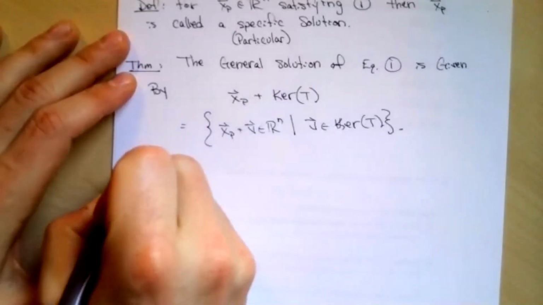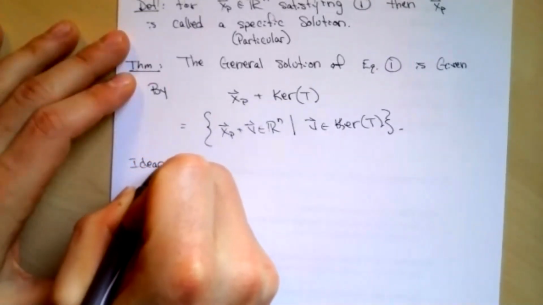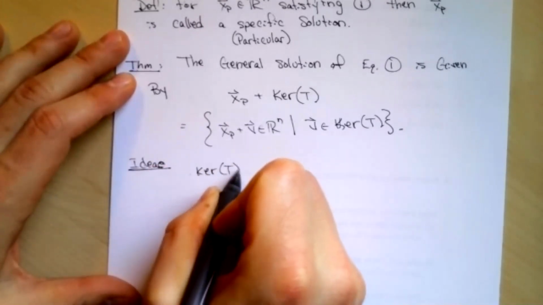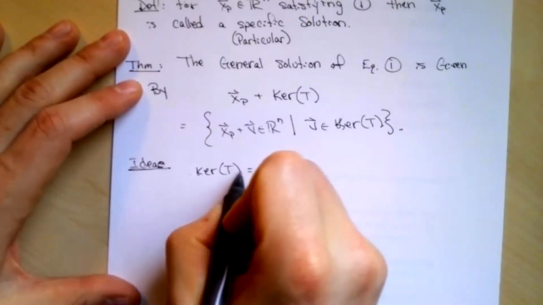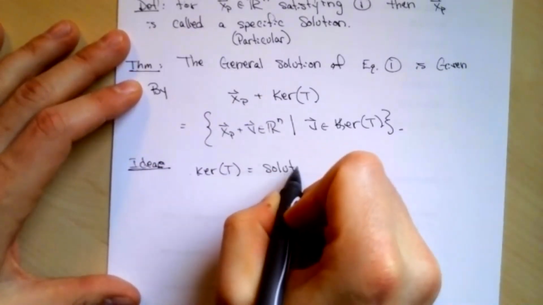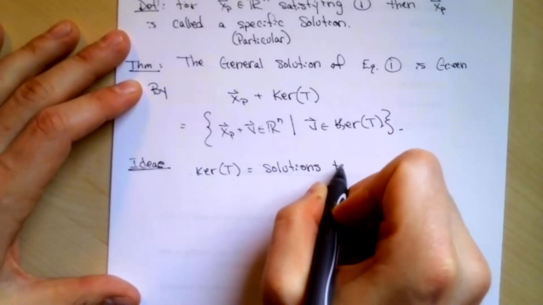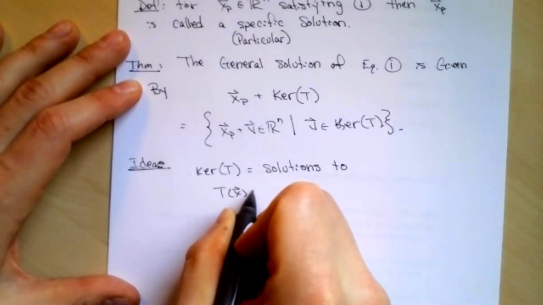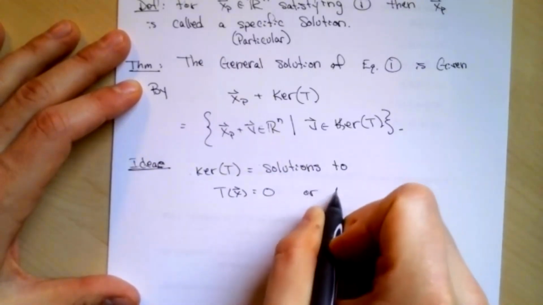So keep in mind that the kernel of T is really just the solutions to Tx equals 0. Or, of course, Ax equals 0.